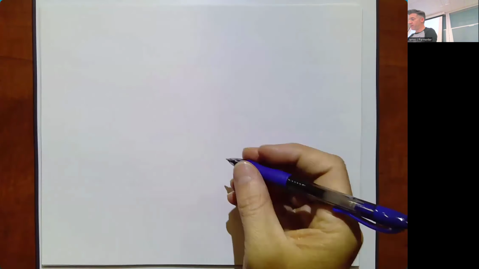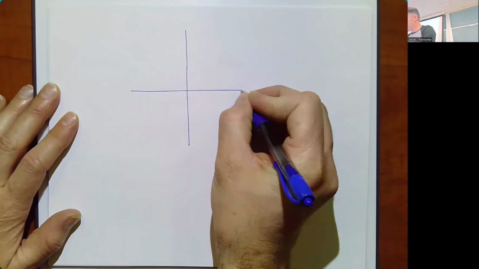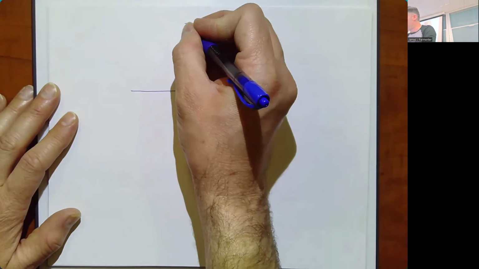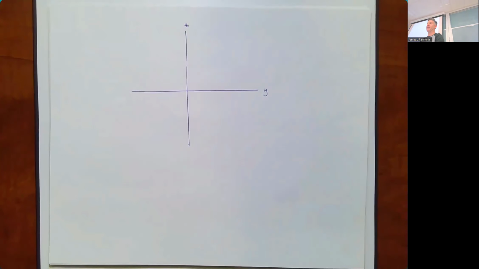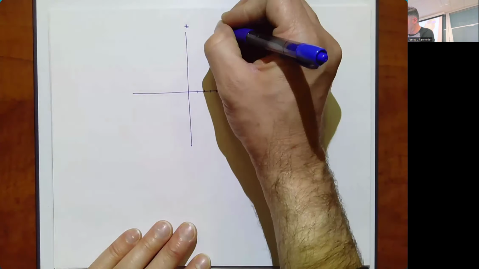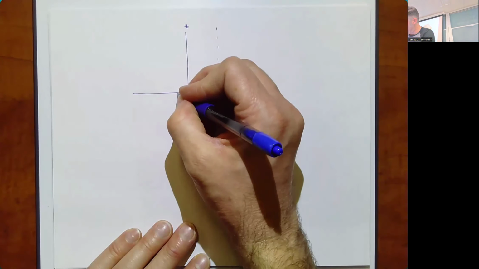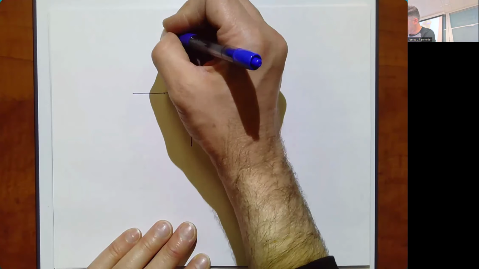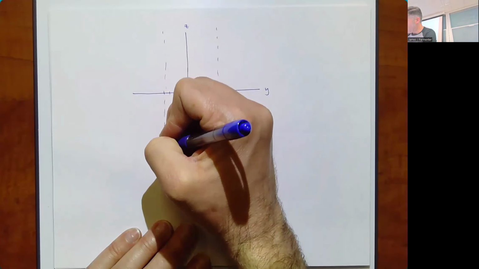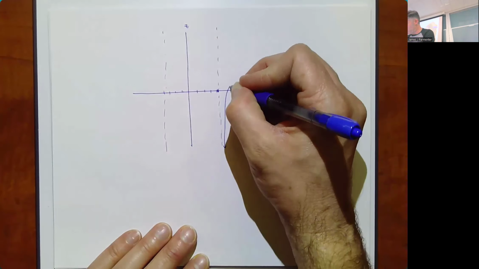here's how I would draw it. I'm going to wait like a smart person to put in my x-axis. So I know that here's my vertical asymptotes at 4 and at negative 4. And then I've got this logarithmic shape coming up that way.